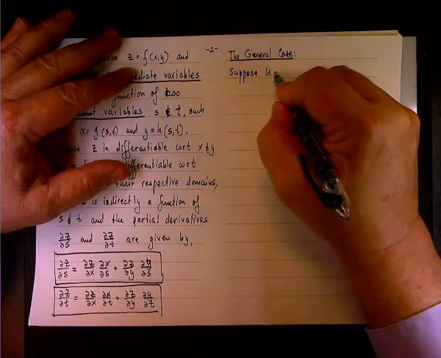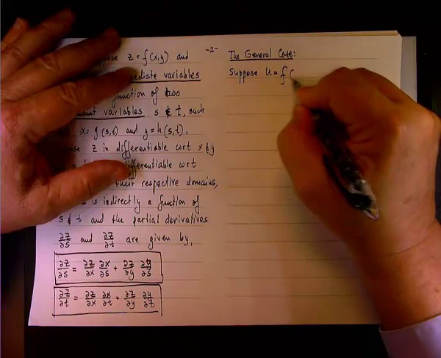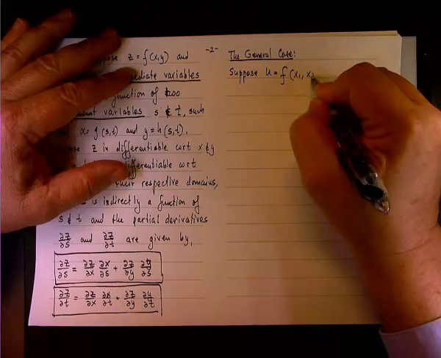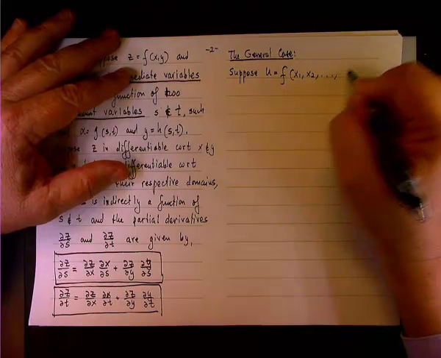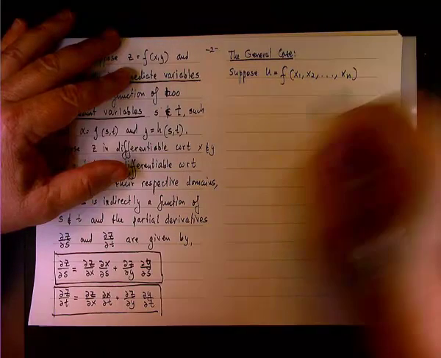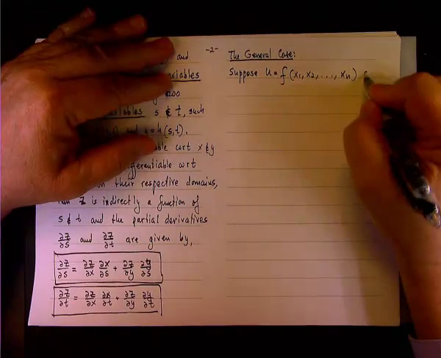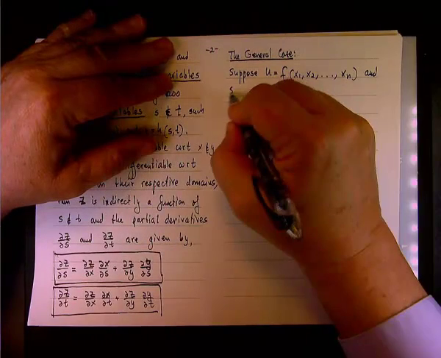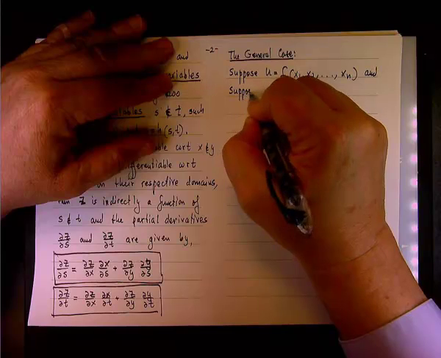So suppose, instead of z, we'll use u. u is a function of x sub 1, x sub 2, dot, dot, dot, x sub n.